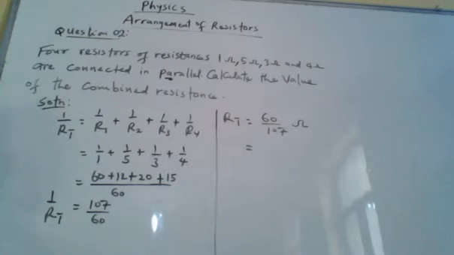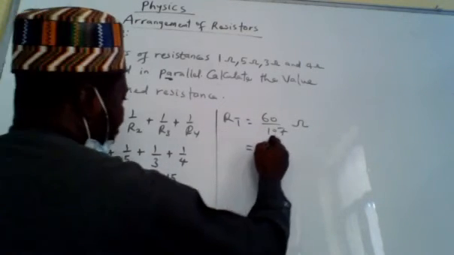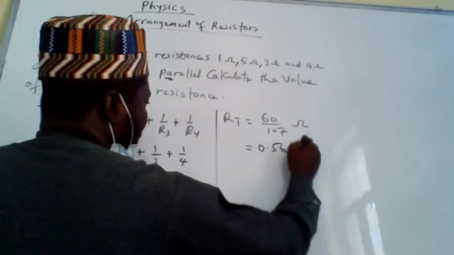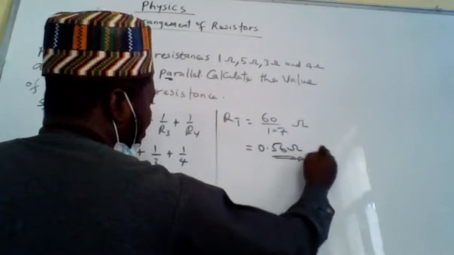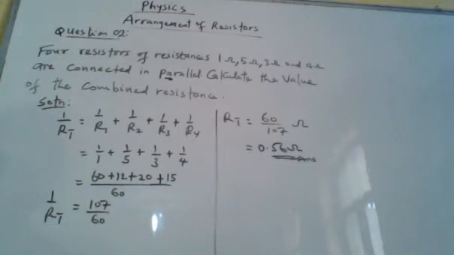In decimal, 60 divided by 107 is 0.56, that is 0.56 ohms. So this is our answer for our parallel connection of 4 resistors of resistances 1 ohm, 5 ohm, 3 ohm, and 4 ohm.